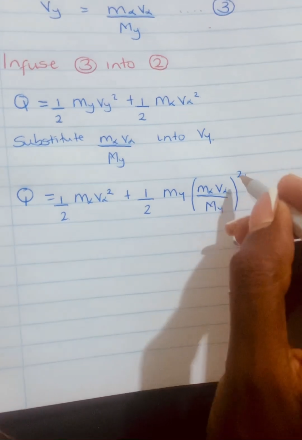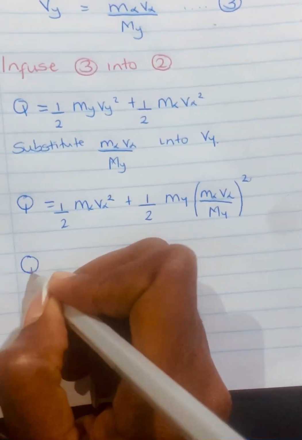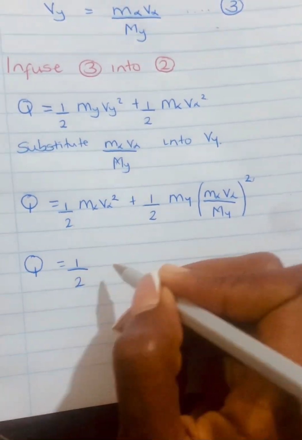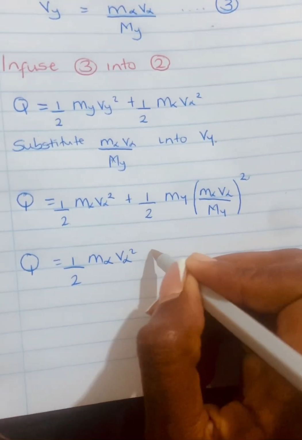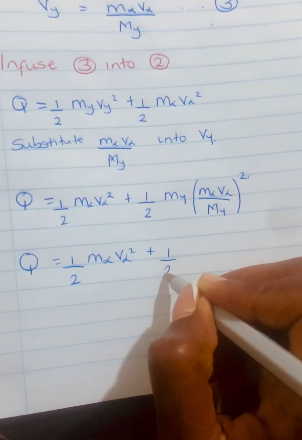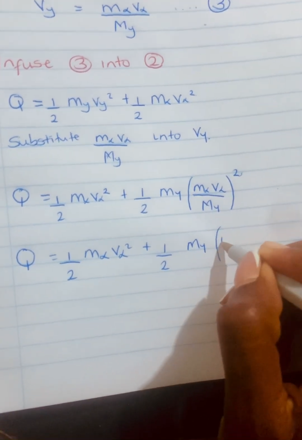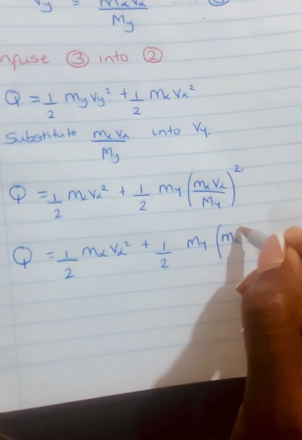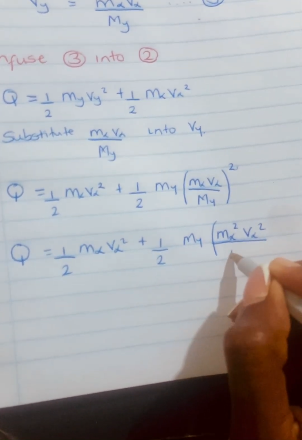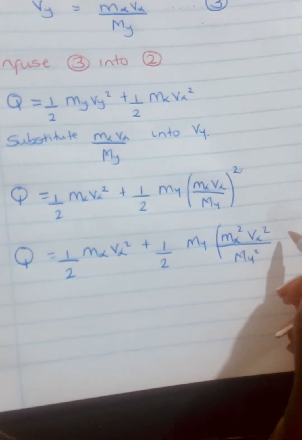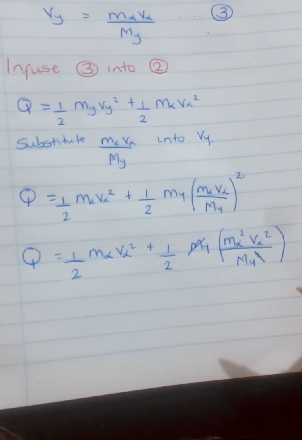Now, when we simplify this whole thing, we want to simplify the bracket first. Q equals 1 over 2 m_alpha v_alpha squared plus 1 over 2 m_Y, open bracket, m_alpha squared v_alpha squared all over m_Y squared. So m_Y is going to cancel the m_Y that is here.